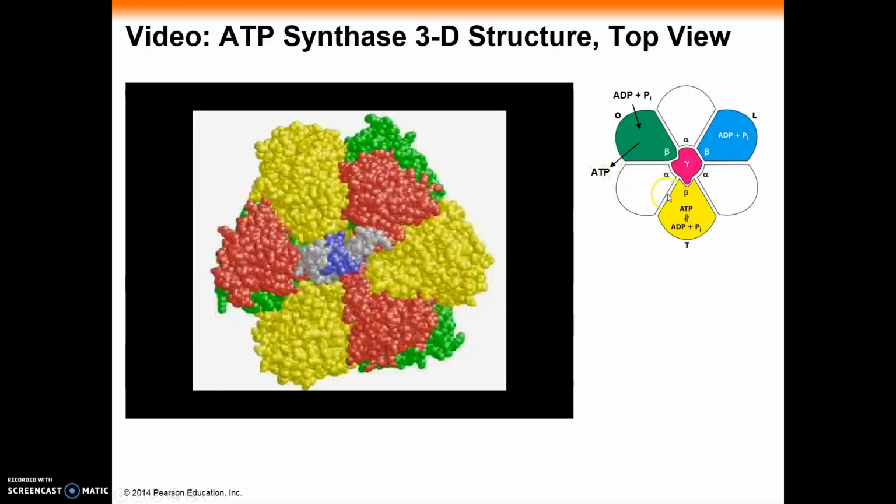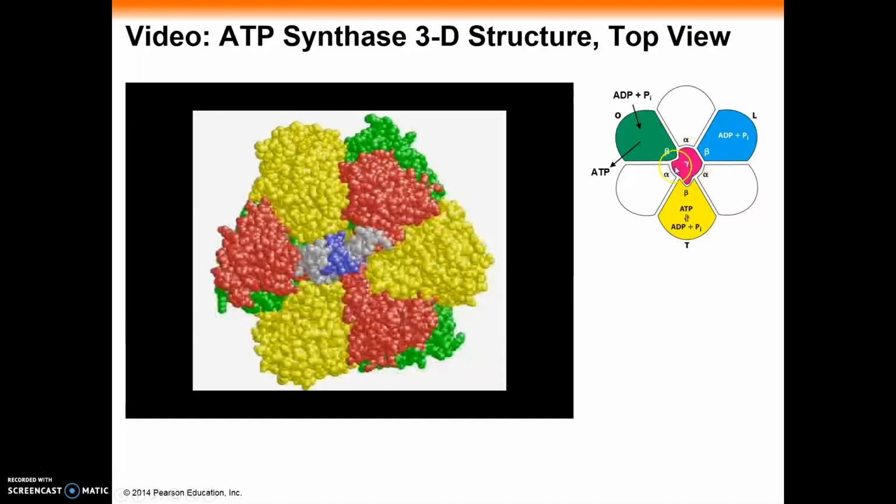So here we have this fixed catalytic knob, and it exists in one of three conformations. It's made up of three alpha beta subunits: here's an alpha beta subunit, another alpha beta subunit, and another alpha beta subunit. The beta subunit is where the action takes place.